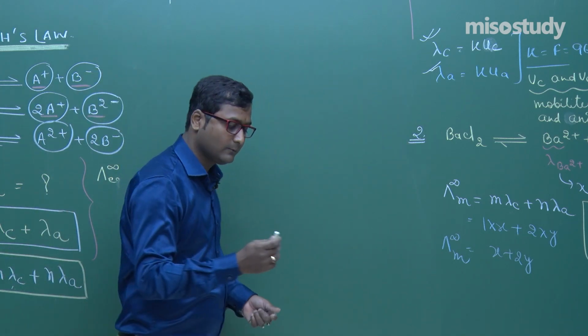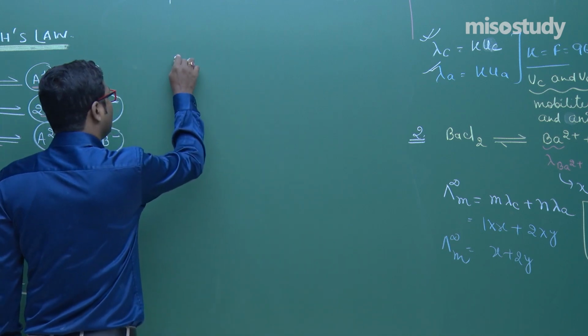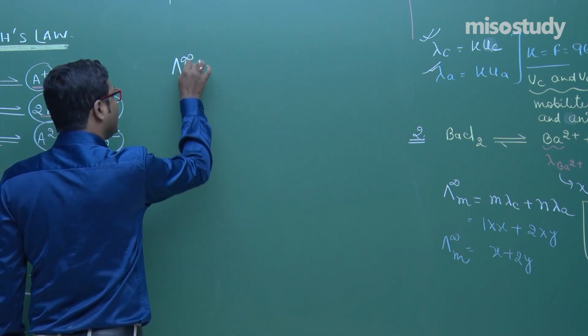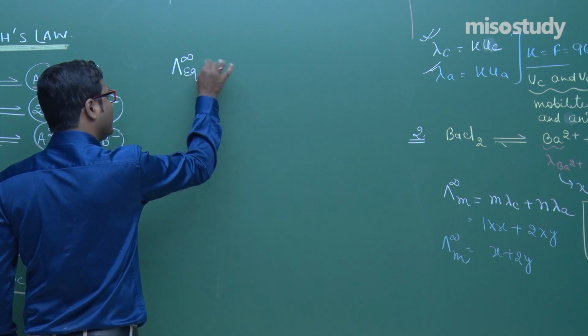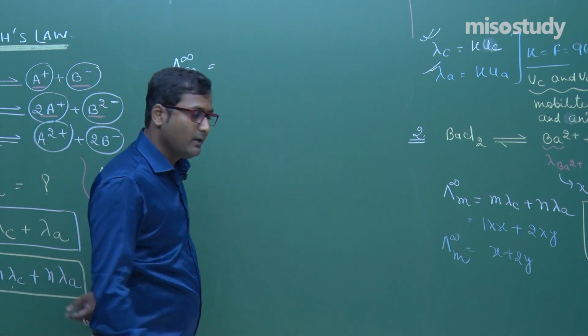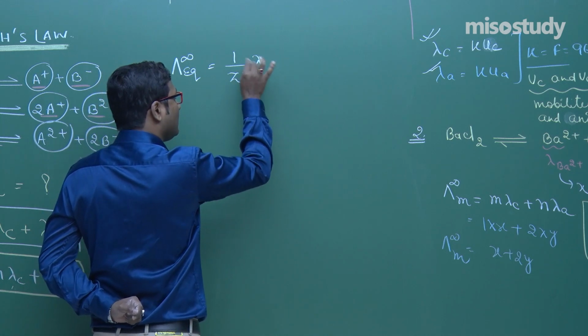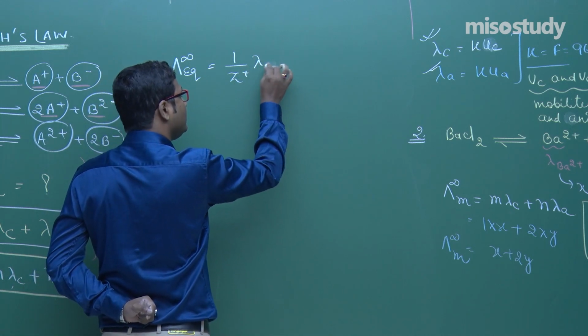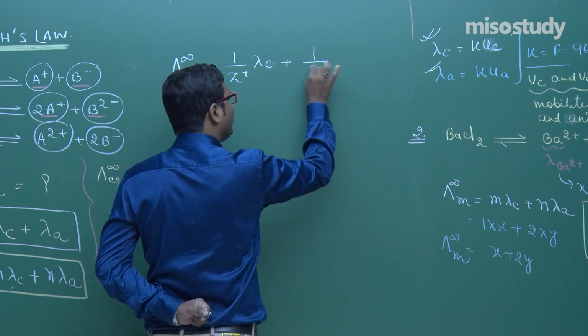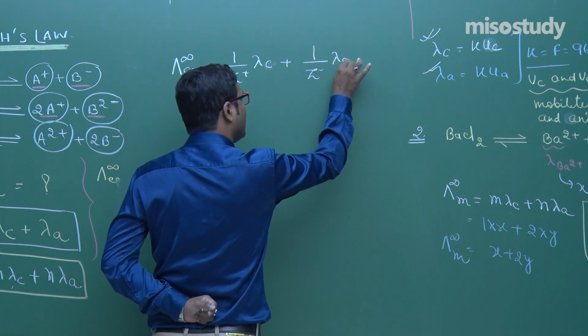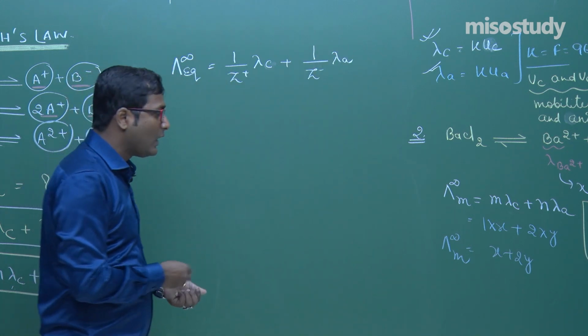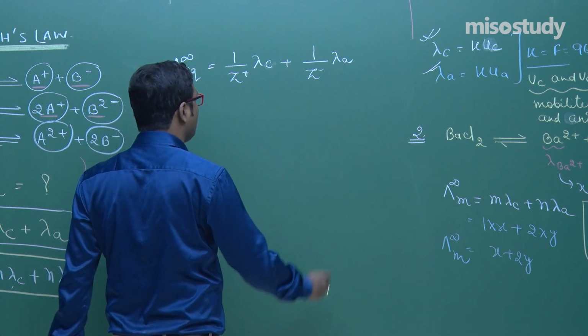Equivalent conductivity at infinite dilution will be equal to 1 upon Z plus lambda C plus 1 upon Z minus lambda A. Now what is Z plus for Ba2 plus?